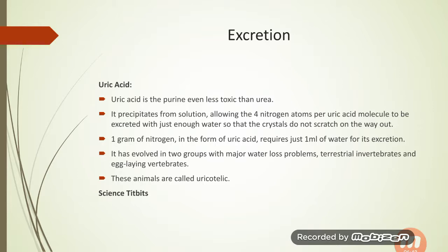You know, purines, pyrimidines, hypoxanthine, xanthine, uric acid, allantoin, all these are the excretory products which are excreted out in a large quantity from the body of living organisms, because purines and pyrimidines contain nitrogen in them.